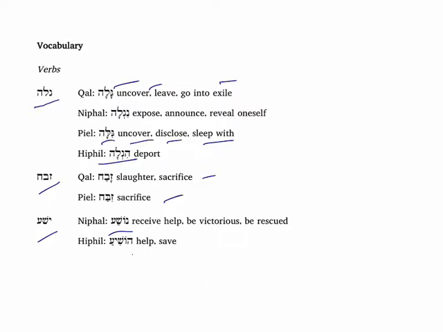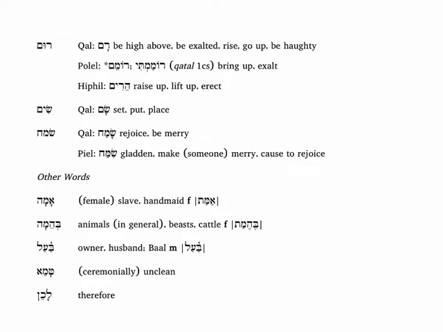Much more commonly in the hifil, to help or to save, hoshia. We have the hollow root rum, which in the kal qatal, third masculine singular, is ram, to be high, to be above, to be exalted. So this is the basic notion of it. This is another verb that instead of a piel will sometimes have this unusual stem, the polel.